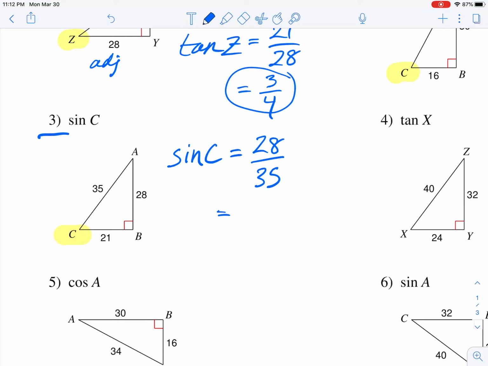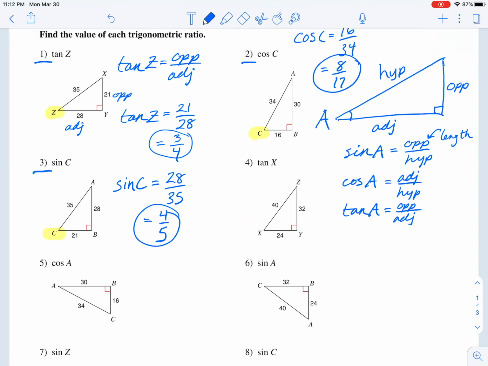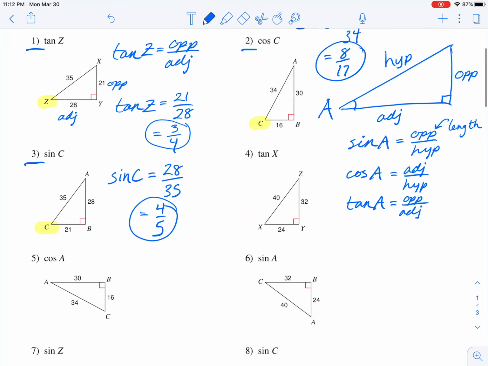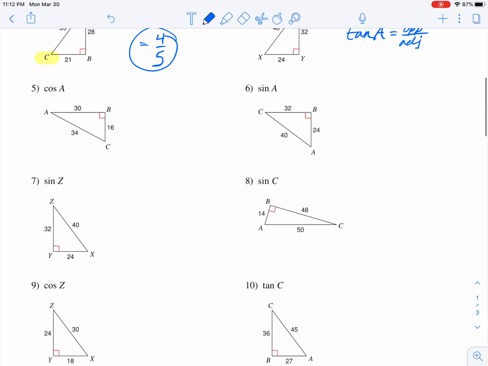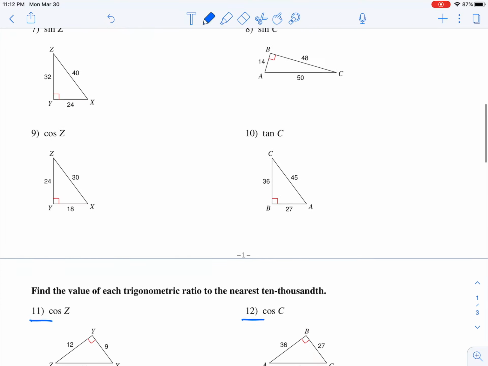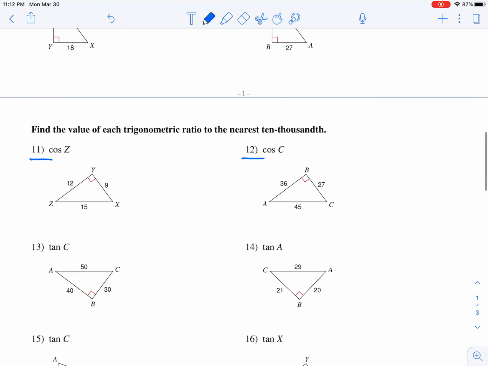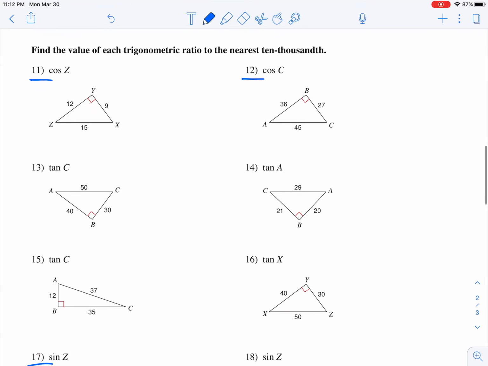Again, these are both divisible by 7, so we'll simplify, and we will get 4/5. That is the value of the sine of C. You should go on and complete the rest of these on your own.